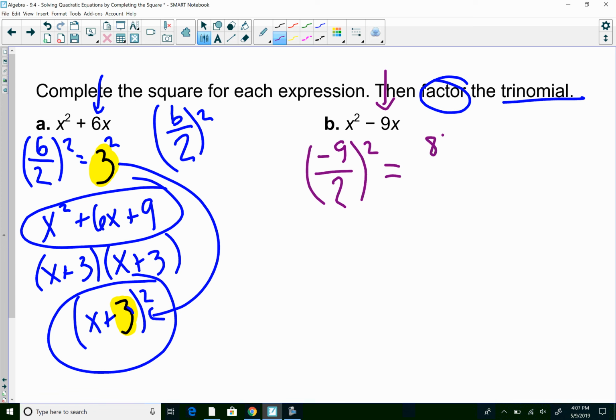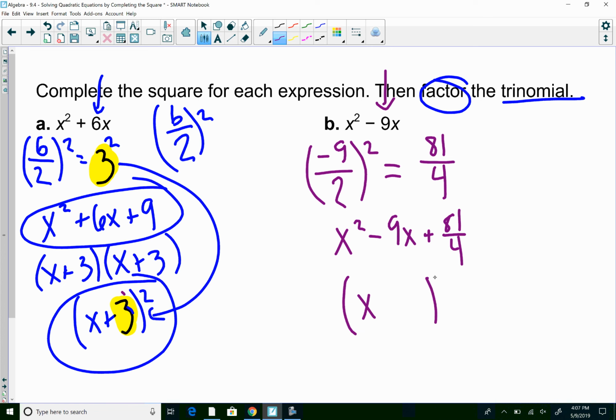because it makes it easier for when we want to get to the binomial squared step. So we'll just leave it as 81/4, because now here's our trinomial, x squared minus 9x plus 81/4. Now we're going to take this trinomial and break it down. This makes this process so, so easy.